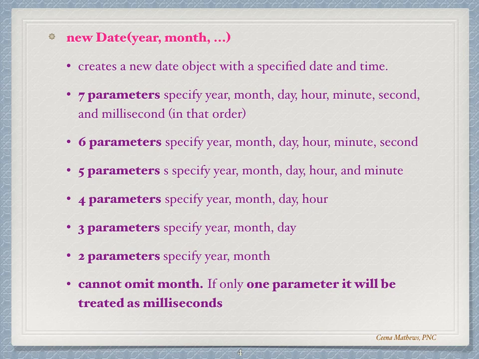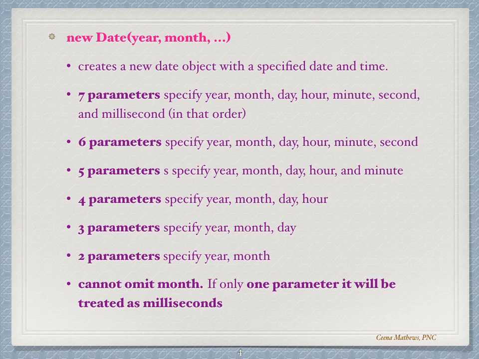If it is 6 parameters, it specifies only year, month, day, hour, minute and second. If it is 5, it specifies year, month, day, hour and minute. 4 parameters means year, month, day and hour. 3 means year, month and day. And if there are only 2 parameters, it specifies the year and month.